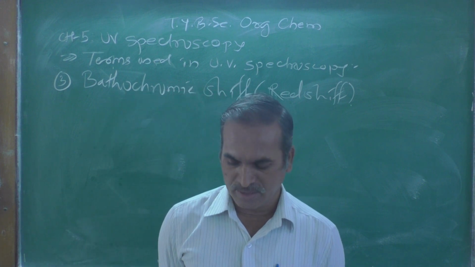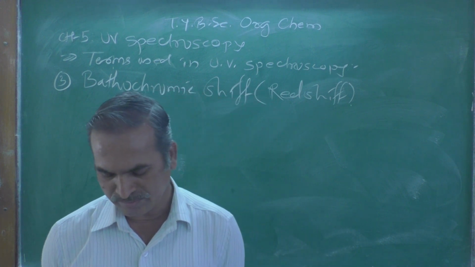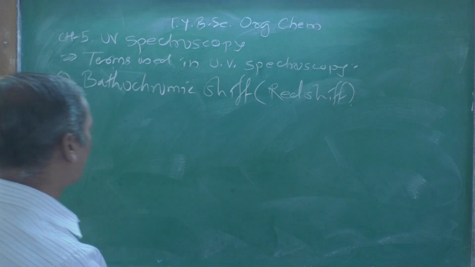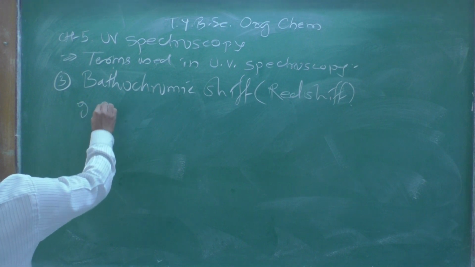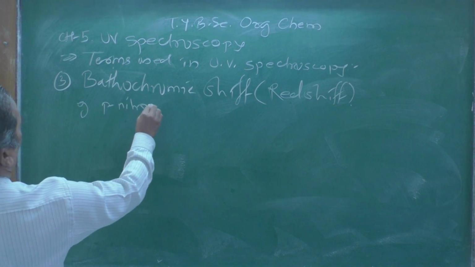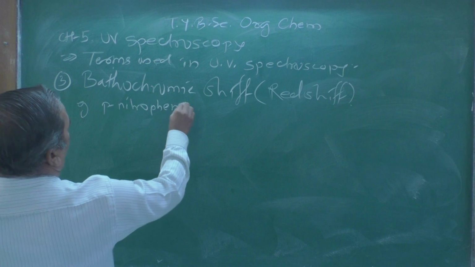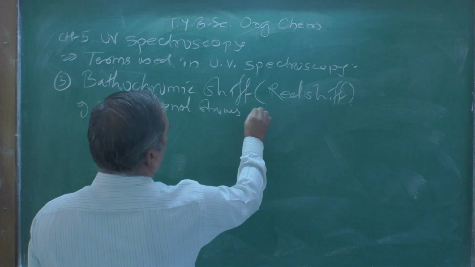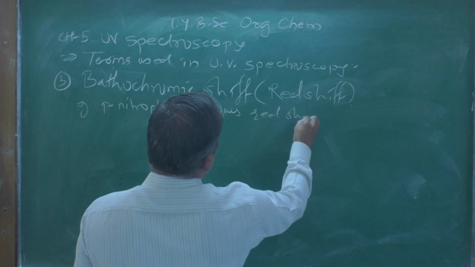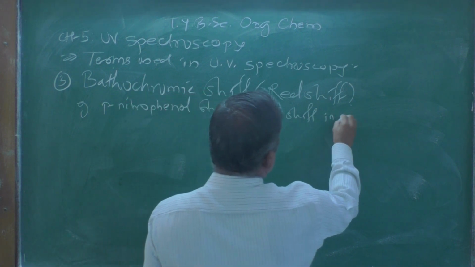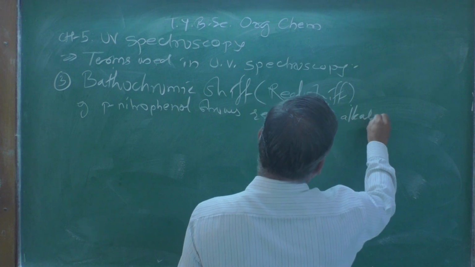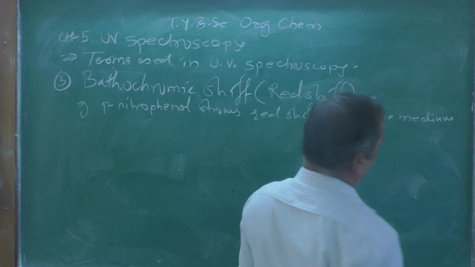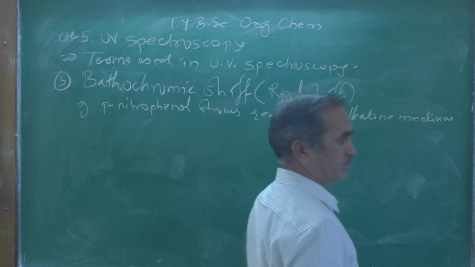For example, para-nitrophenol shows red shift in alkaline medium.